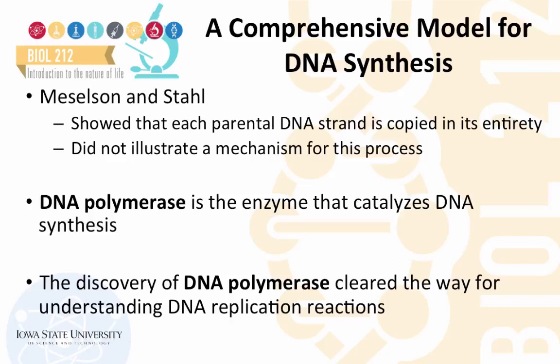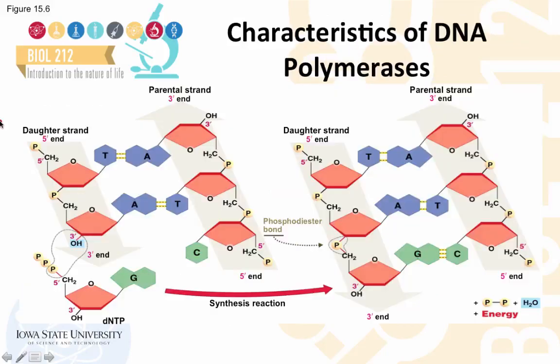It was when the enzyme DNA polymerase, which catalyzes the synthesis of DNA, was discovered that we gained some insight into understanding how DNA replication reactions work. Let's talk about some characteristics of DNA polymerases that are important for the synthesis of new DNA strands by the enzyme.